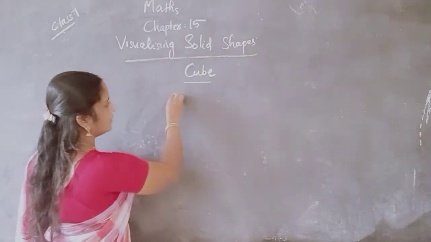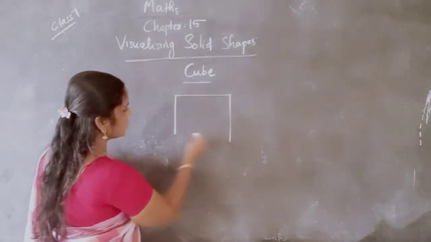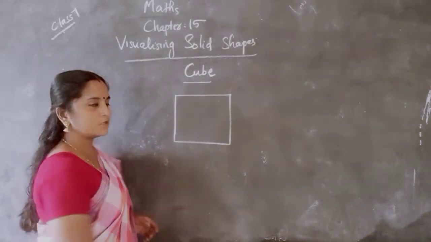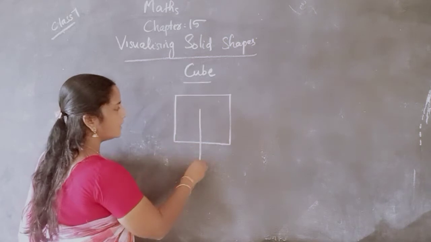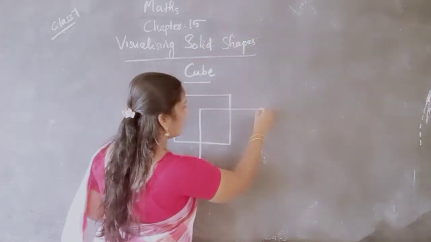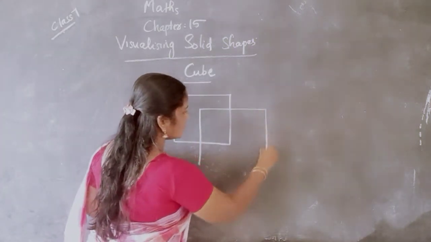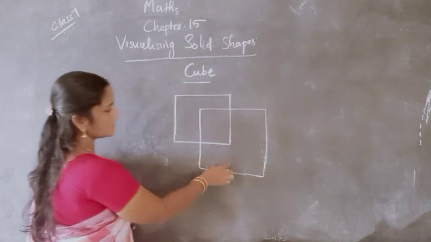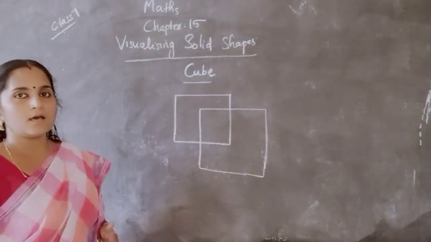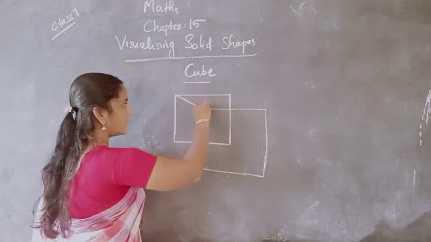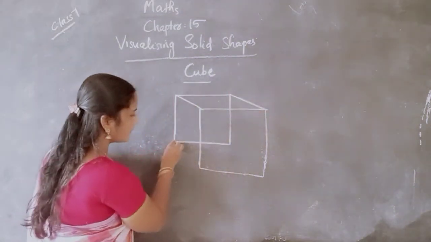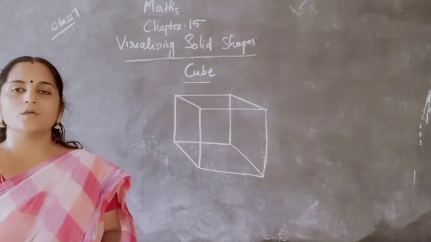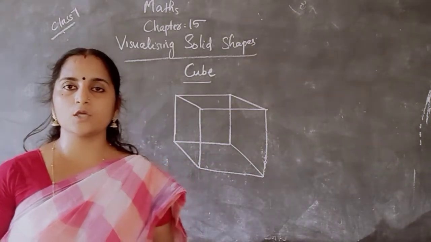So if you draw a picture of a cube, all the measures are same. We draw the square shape like this. This is one square, this is another square. If you join like this, we get the picture of a cube.